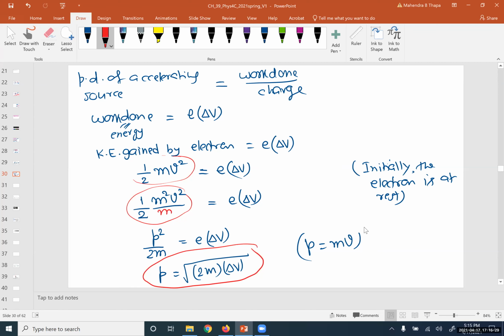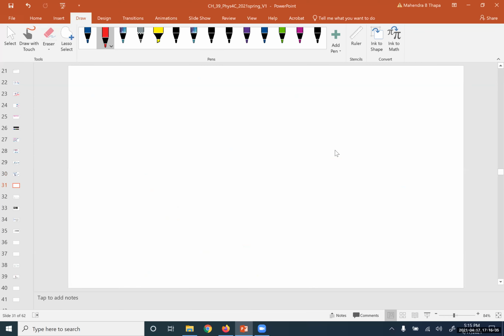So the point of finding p is this. We know that this experiment is basically the experimental proof of lambda equals h over mv.